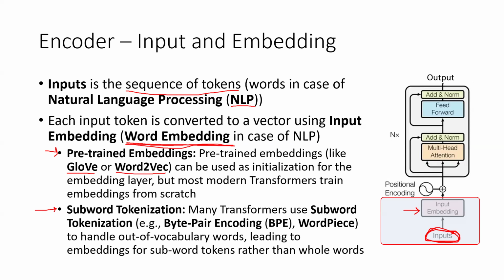So you can download these Word2Vec vectors or GloVe vectors from the internet, and then you can use them to vectorize each of the words. However, those are pre-trained. That means that those vectors are fixed in their meaning, right? But when it comes to practical applications, different words have different meanings depending on the context, right?